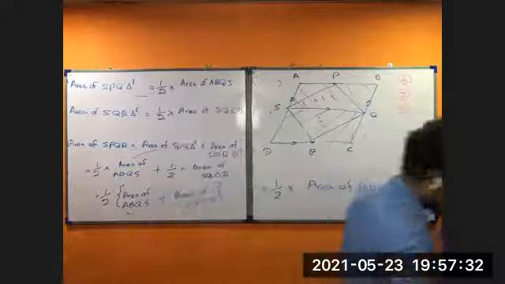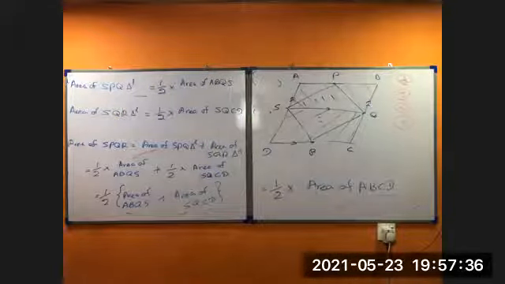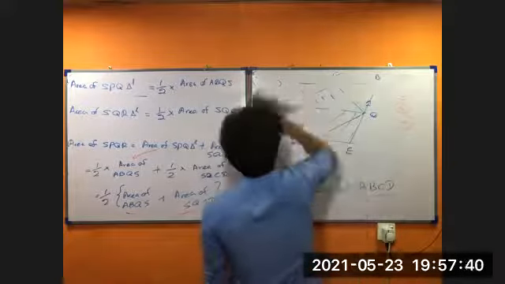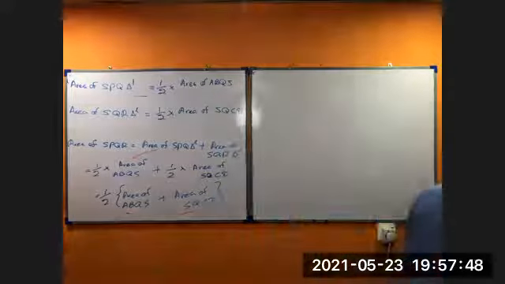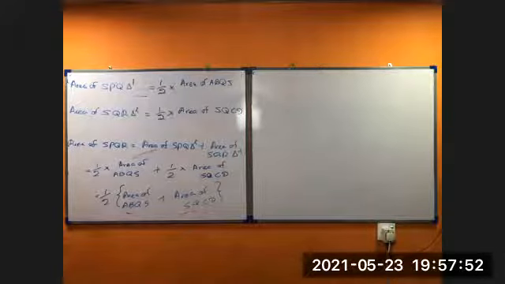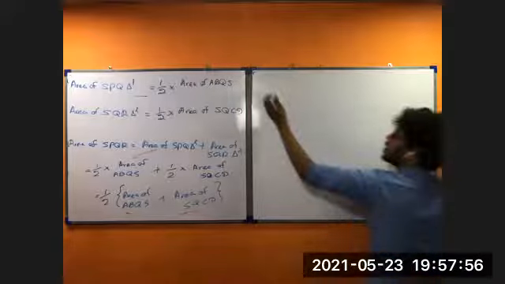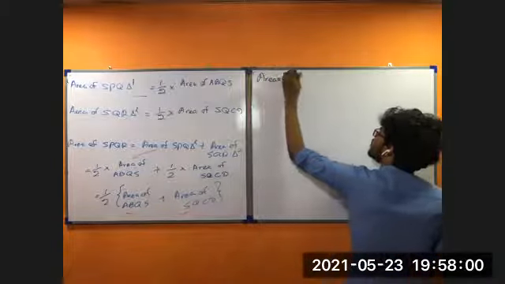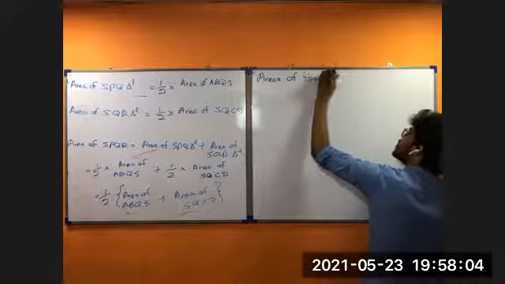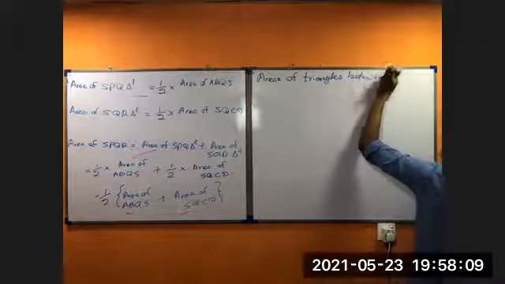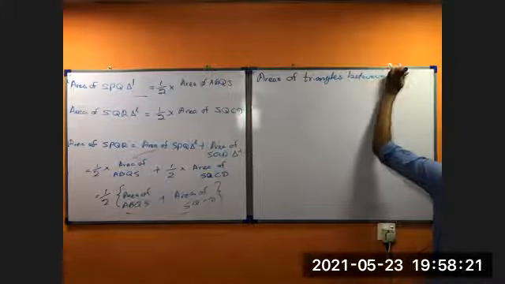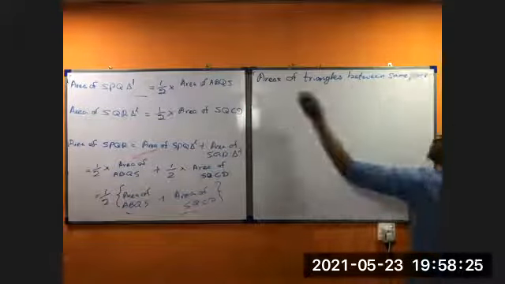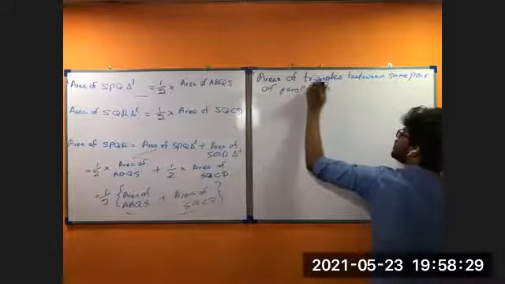Okay, let me erase it. So, last part of the lesson is 8.4, which is areas of triangles between the same pair of parallel lines.